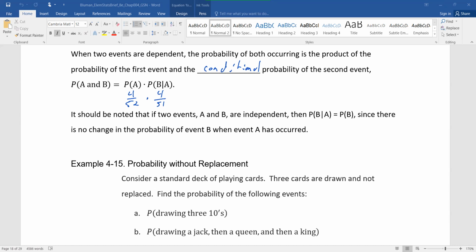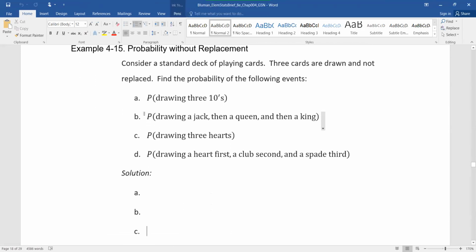Good. All right. So let's look at example 15 then. So again, probability without replacement. We'll consider a standard deck of playing cards, which again are 52 cards in a deck. 3 cards are drawn and not replaced. Find the probability of the following events.